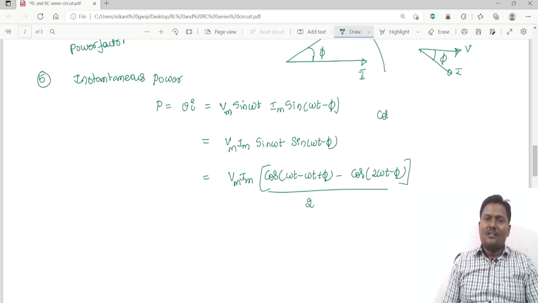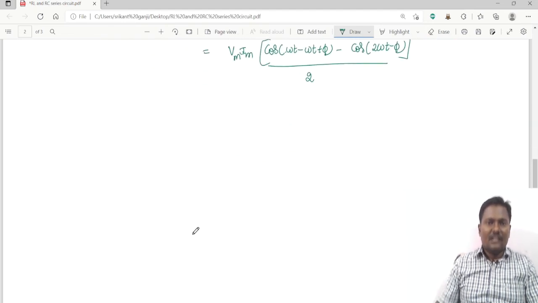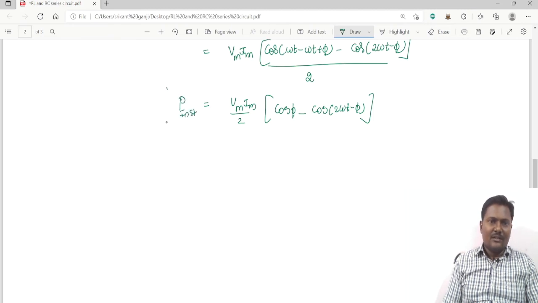So cos of A minus B minus cos of A plus B is equal to 2 sin A sin B. I am using this formula, and then I get Vm Im by 2 into cos phi minus cos of 2 omega t minus phi. This is called the instantaneous power.